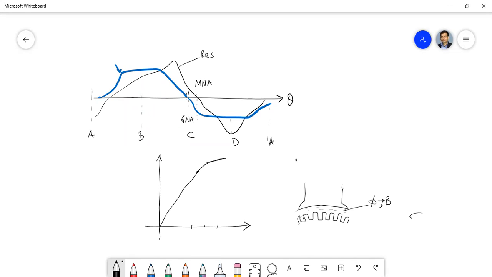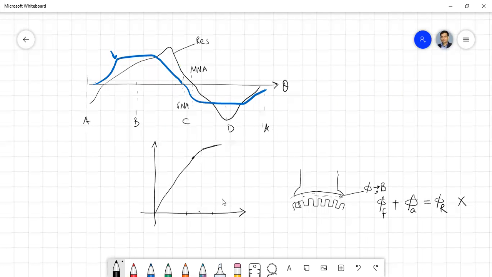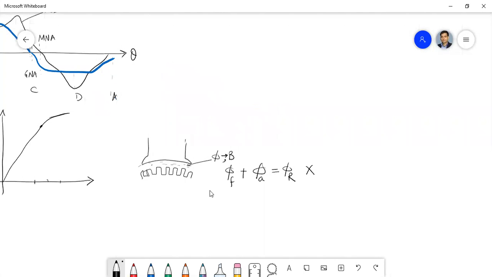We are actually doing it like this: armature mmf and field mmf, we add these two, and what we get we call the resultant mmf. But this thing is incorrect. So this approach is not accurate. You can use it for your convenience, but it is not correct.